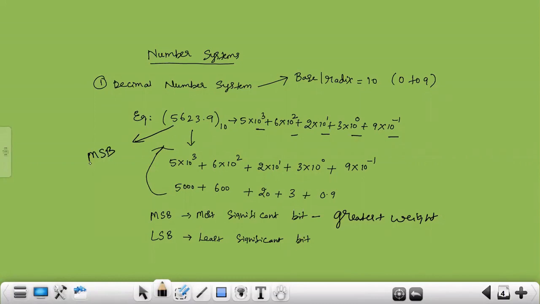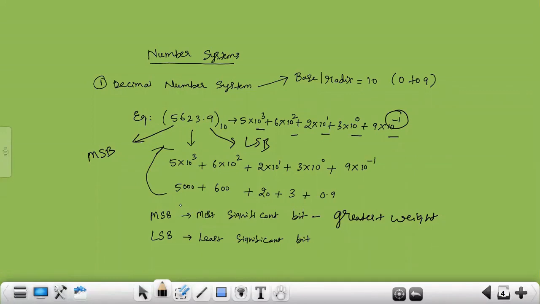Next, the digit or bit with the lowest weight is called LSB. Which has the lowest weight here? Minus 1 is my lowest, so this is my LSB. MSB is this one, LSB is this particular bit.